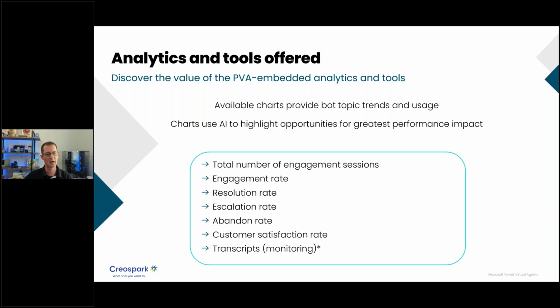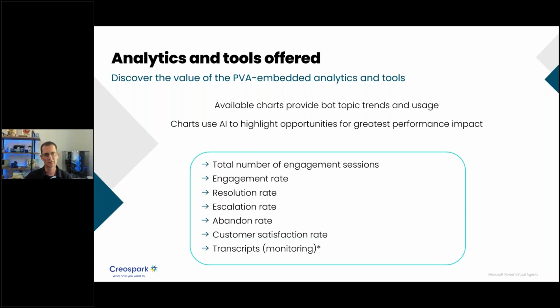The things we're looking at here are the total number of sessions, engagement sessions, the engagement rate, how engaged the users are, the resolution they provide, how often topics had to get escalated to an agent, the abandonment rate where someone just ended mid-conversation, and the satisfaction rate of the actual interactions.